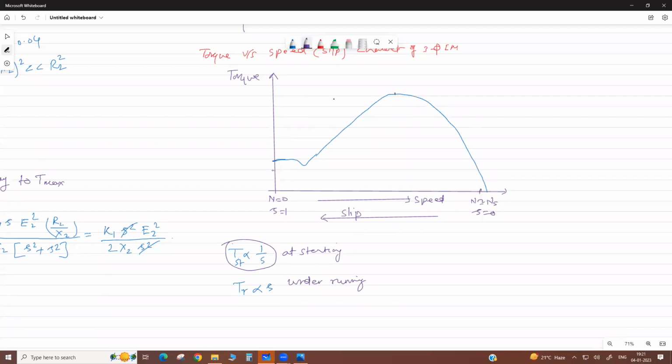This is the maximum torque, T maximum, also called the breakdown torque.